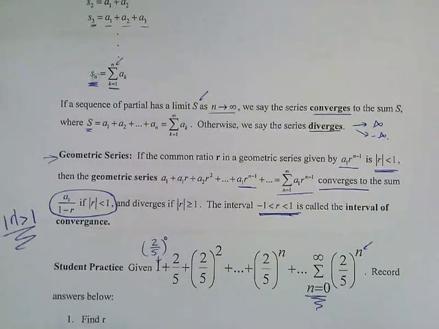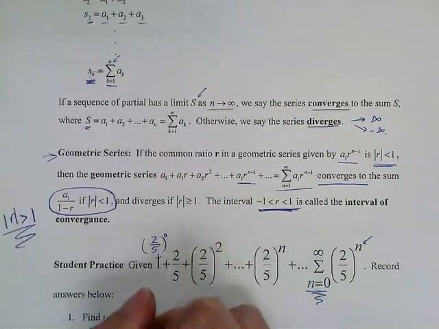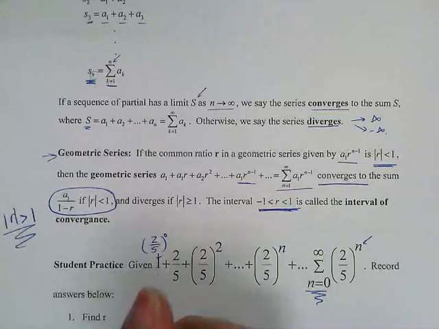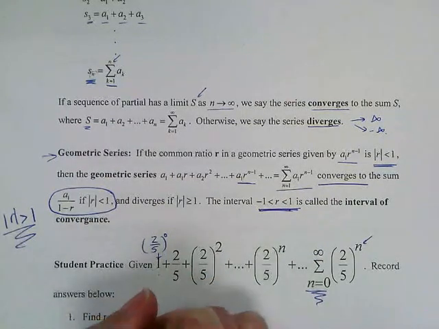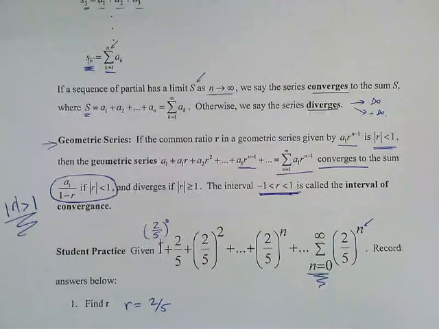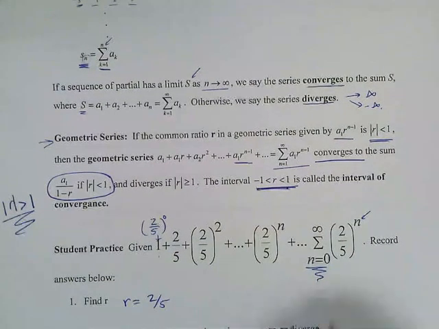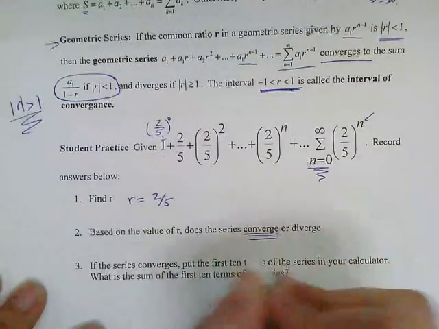So what is r? r is the common ratio in between each one, so we are multiplying each term in the series by 2/5. So r is 2/5. Based on the value of r, does the series converge or diverge? So this obviously converges. Why?